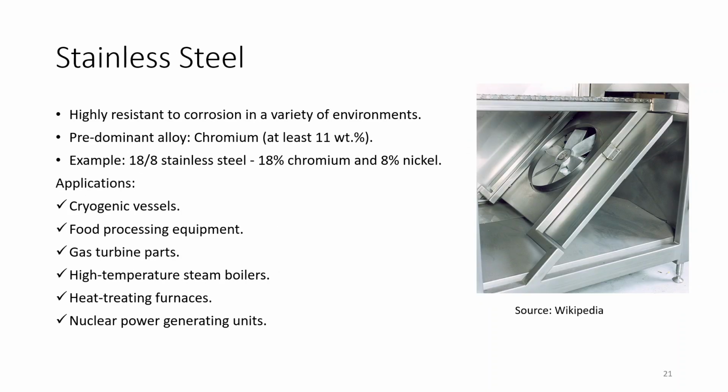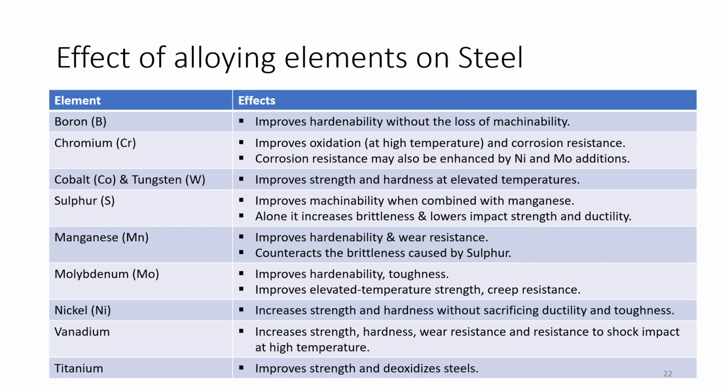Then tool steel, stainless steel. Then these are the effects of some of the alloying elements. A lot of questions will be asked based on this. You should try to remember this particular table, the roles of various impurities and alloying elements for the steel.